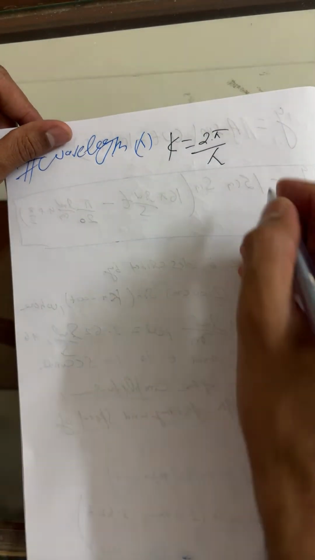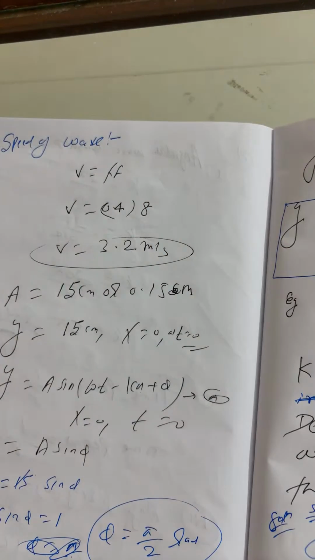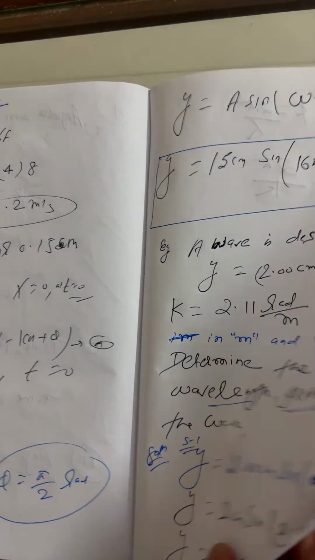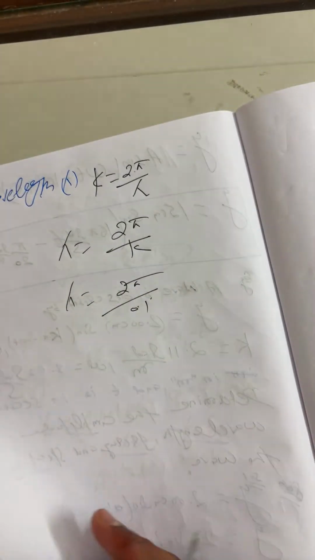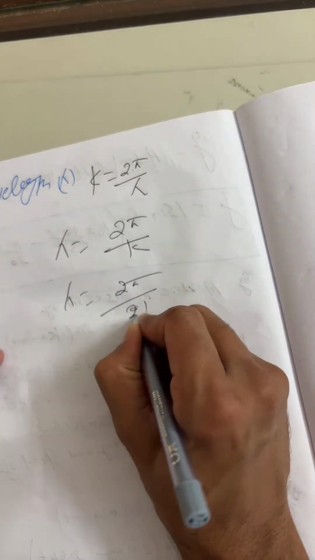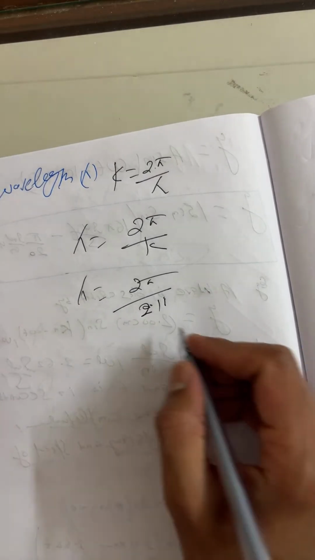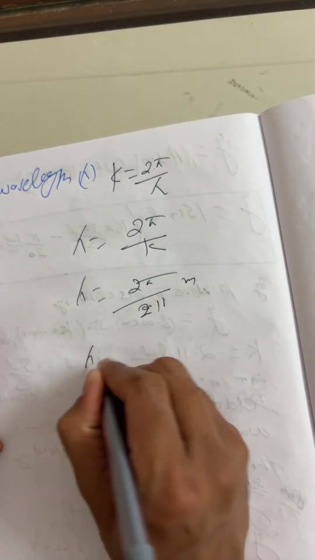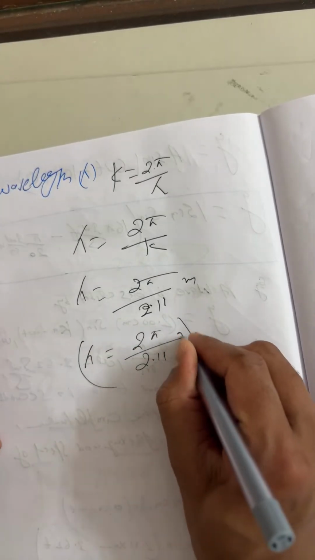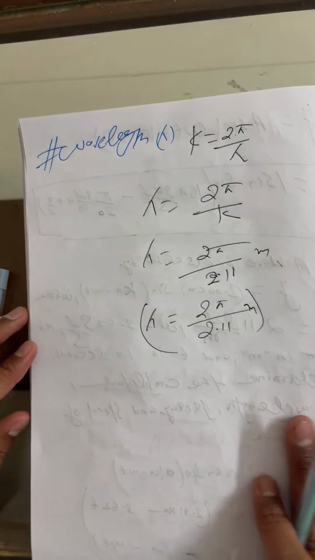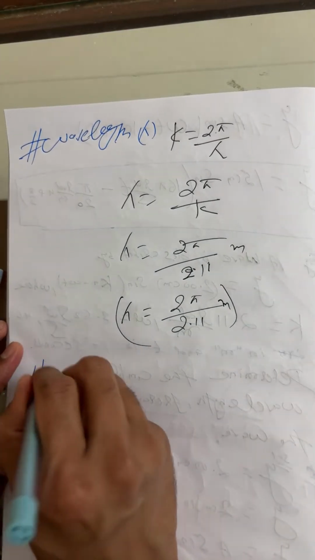So lambda is 2 pi by k, where k is in radian per meter, 2.11. Lambda is 2 pi upon 2.11, and you will get it in meters. That's the wavelength. That's how we have to find it.